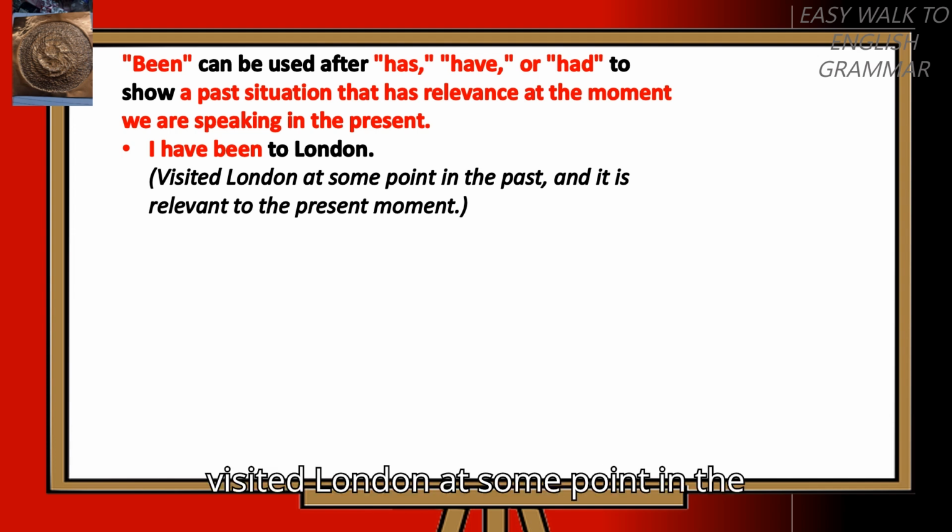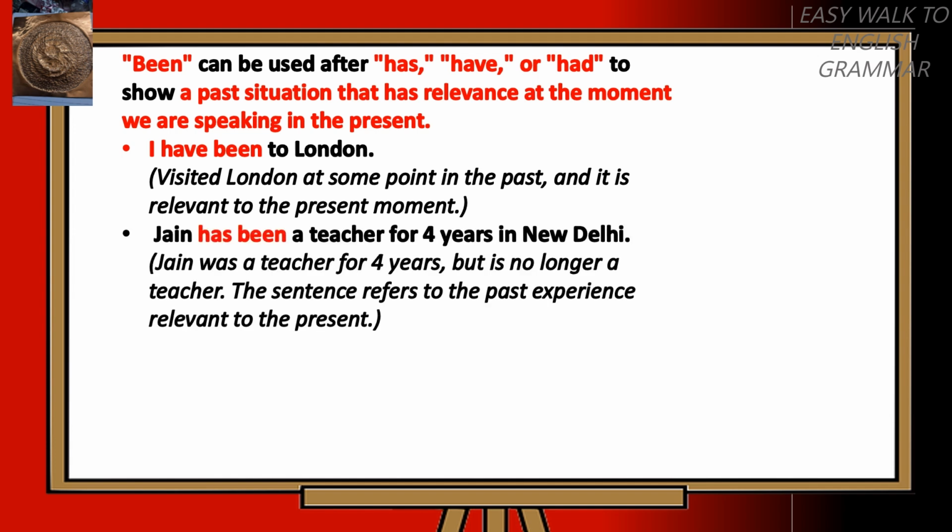I visited London at some point in the past, and it is relevant to the present moment. Jane has been a teacher for 4 years in New Delhi. Jane was a teacher for 4 years, but is no longer a teacher. The sentence refers to the past experience relevant to the present.